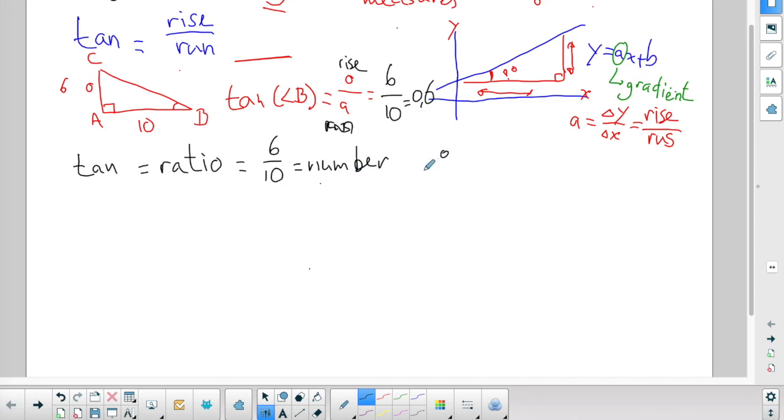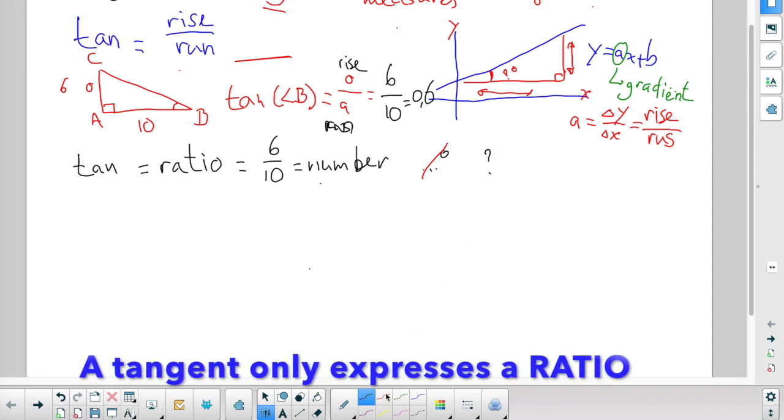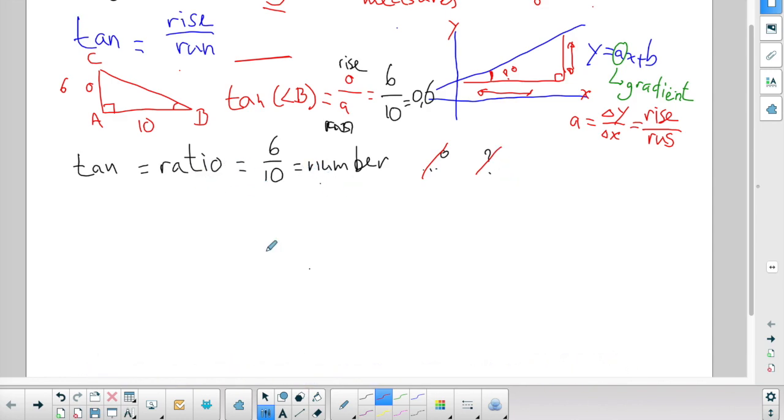Nothing to do with degrees, nothing to do with something else. The only thing you calculate when you calculate the tangent is a ratio or a number.